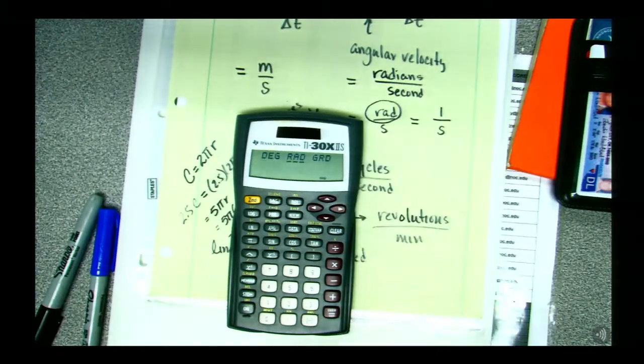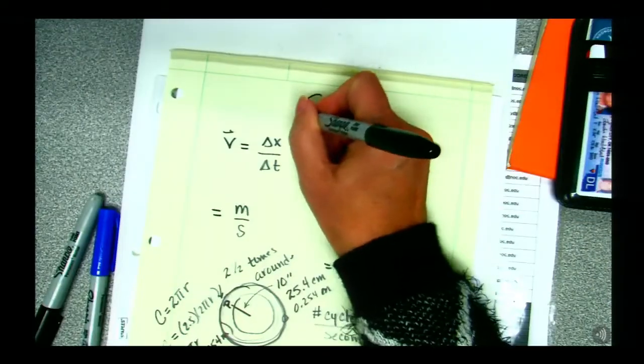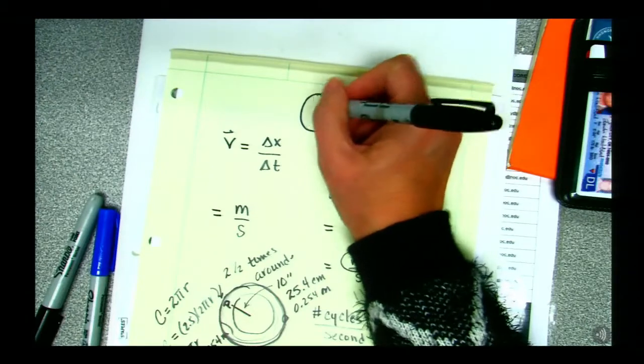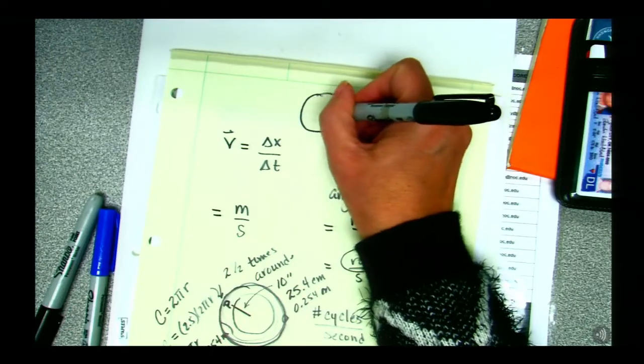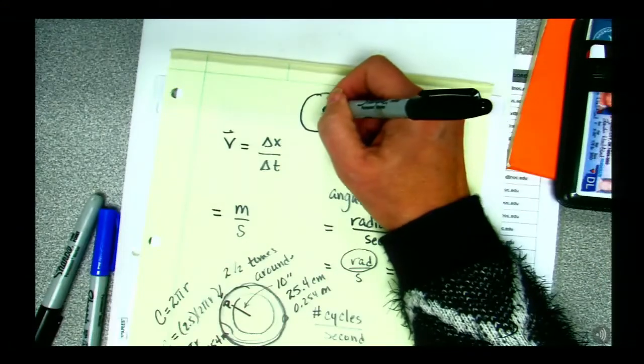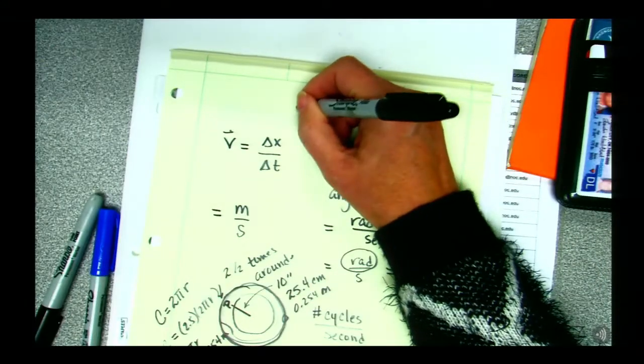Radians are related to the angle in my circle. So if I look at my circle and how we measure angles, if I start from this spot here, the top up there would be 180 degrees.